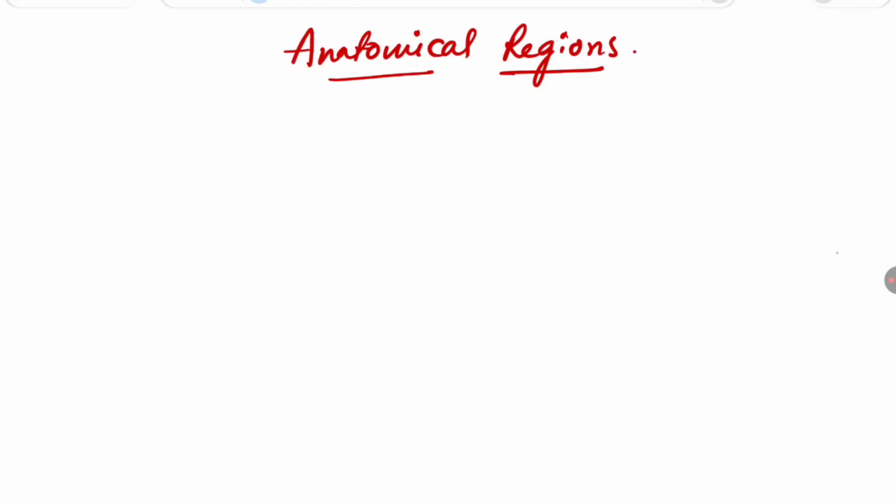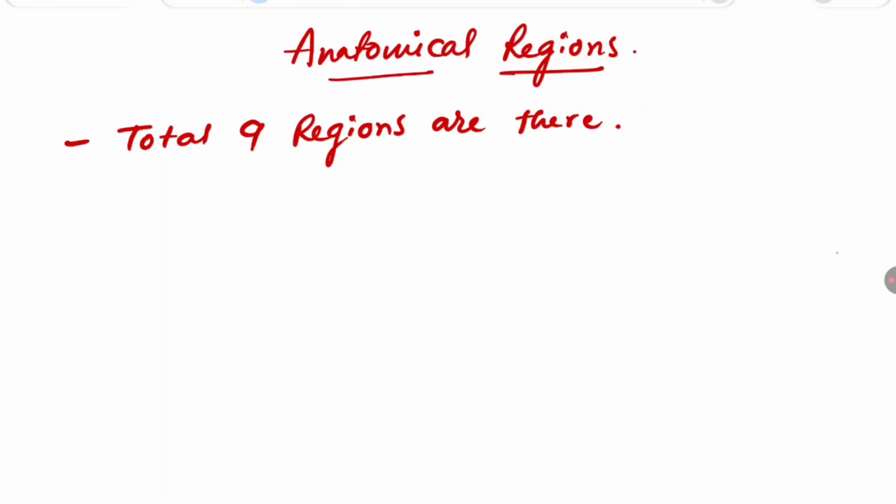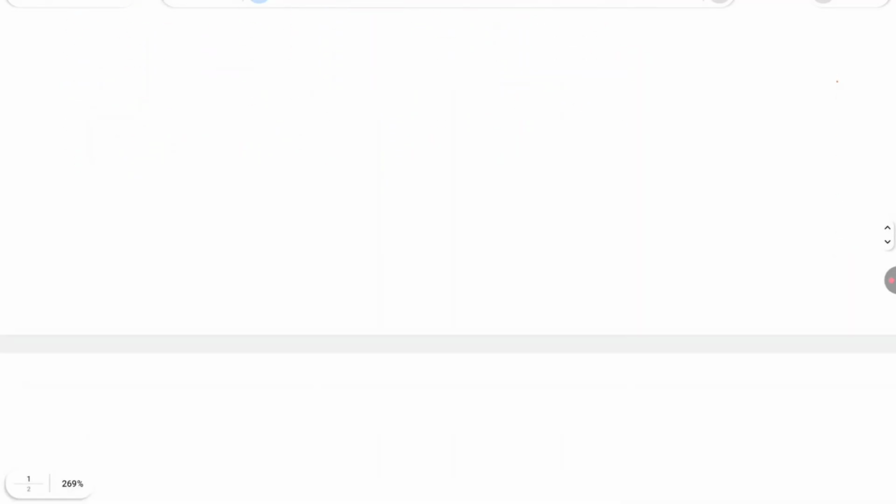In that, there are 9 regions in total. One by one we will discuss them. First, before listing out the regions, I want to draw one picture for your better understanding.